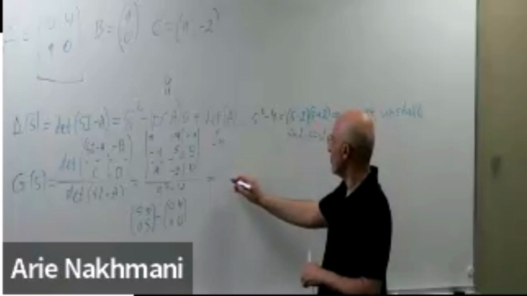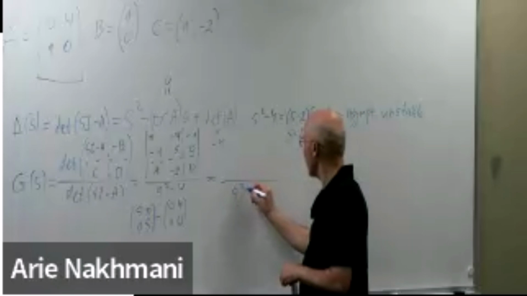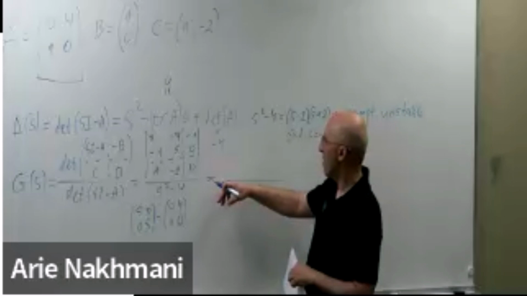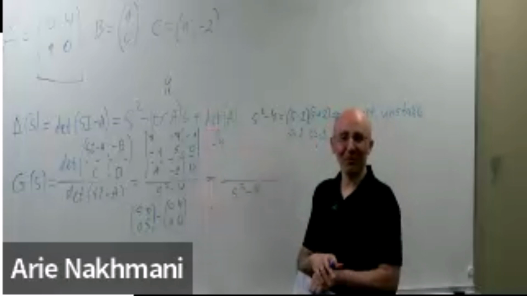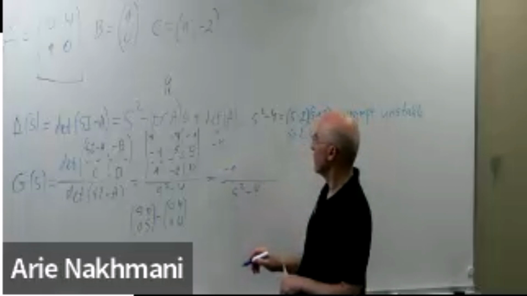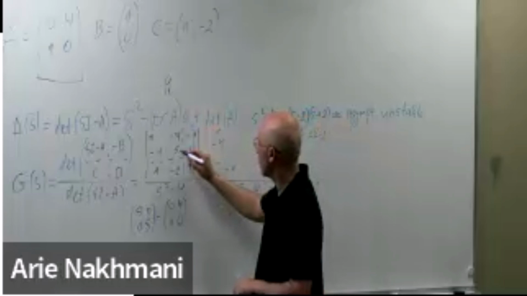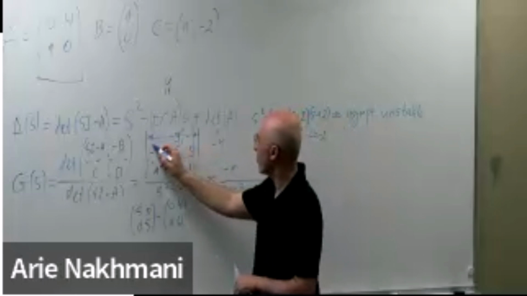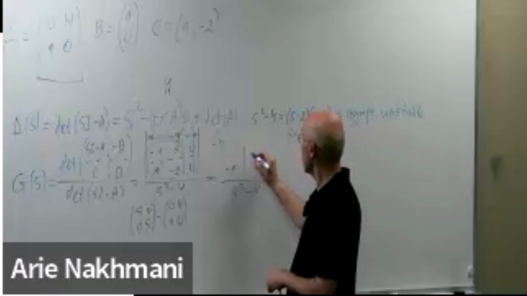So now I need to compute it. The bottom part is still the same. And here I'm developing by the last column because I have a lot of zeros here. It's the most convenient one. So it will be negative 1, which fills that row and that column, times the determinant of that thing, which is minus 1, s, minus 2.